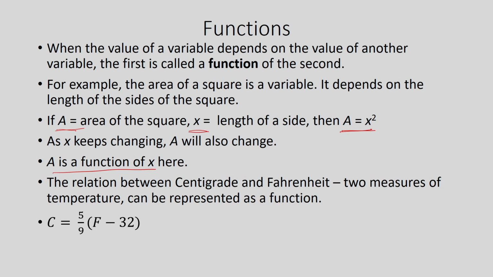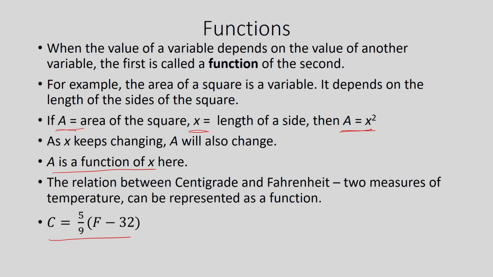The relationship between centigrade and Fahrenheit, two measures of temperature, can be represented as a function. Okay. So, here is the relationship, that suppose capital C denotes temperature in the unit of centigrades, then centigrades we know is equal to 5 divided by 9 multiplied by F minus 32.